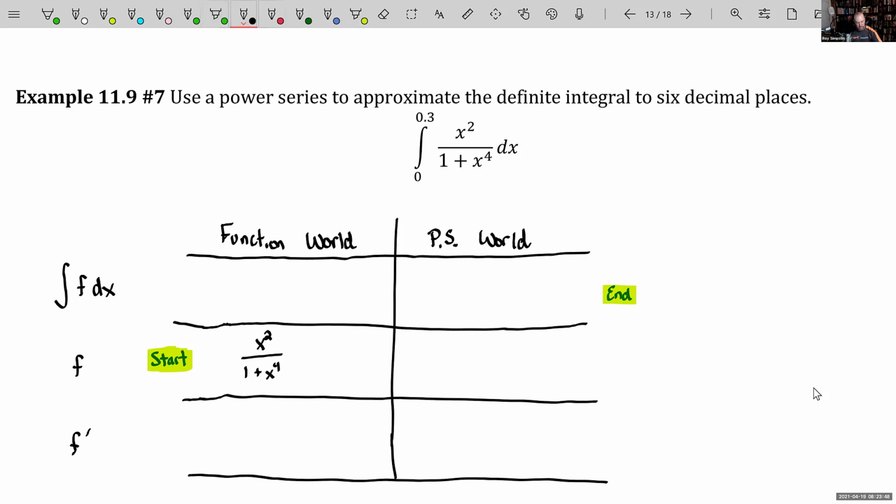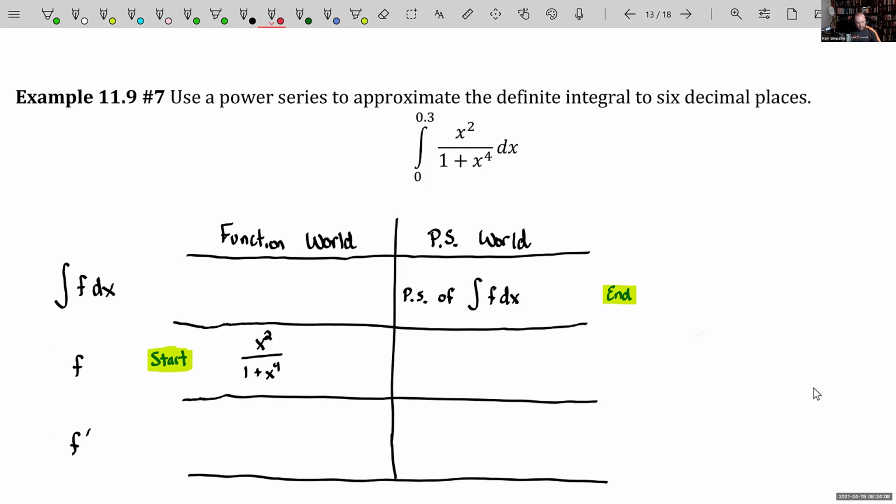So let me write that in. That's where I want to end. Now you can see the roadmap. You're either going to go up and over, or you're going to go over and up.